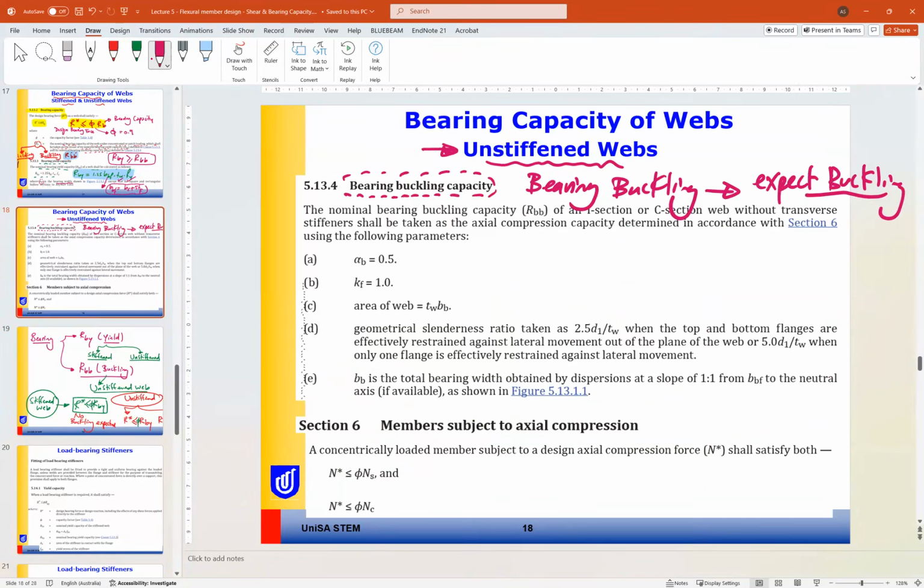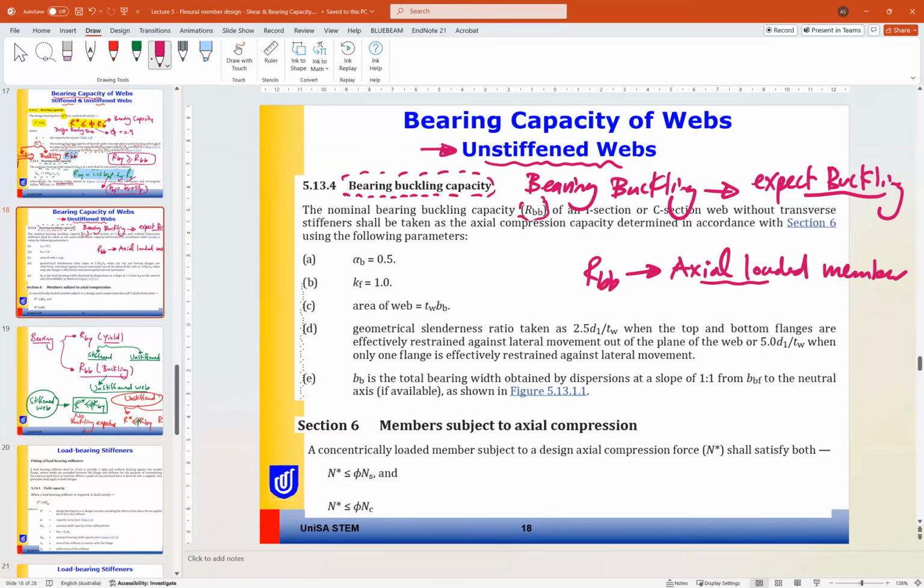RBB will be considered as an axial loaded member that we designed in the early lectures, week 2, in section 6. So for RBB, we will consider the web as an axial loaded member. So it is axial compression capacity determined according to section 6, but with some modifications.